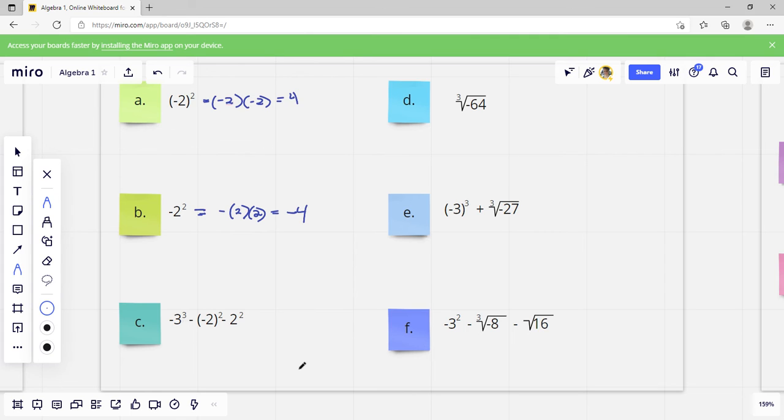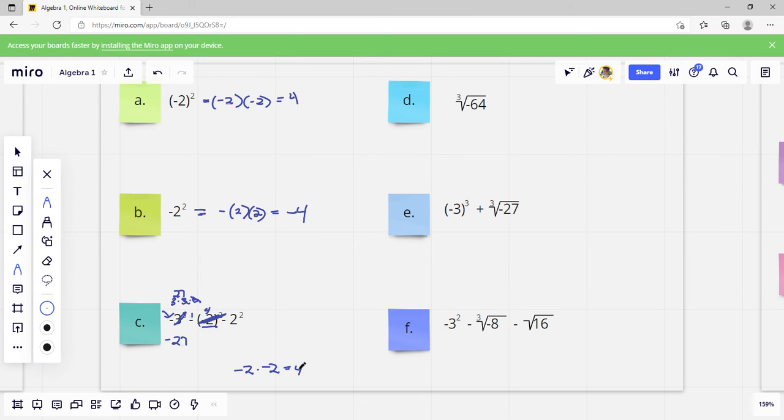Alright, C, first we'll figure out 3 to the third, which will be 27. So we have negative 27, right? Because we did 3 times 3 times 3, which would be 9. 9 times 3 is 27. And then don't forget about that negative right there. Okay, down now here, I need negative 2 squared. So that's negative 2 times negative 2, which would be positive 4. So all of this part is 4.